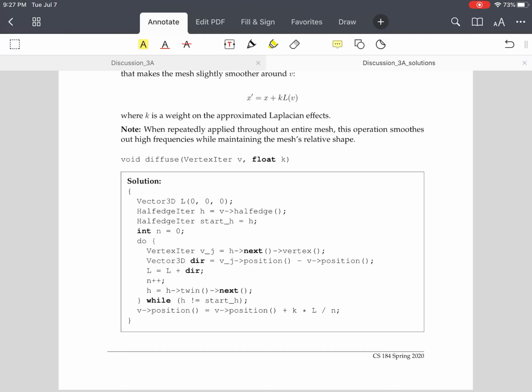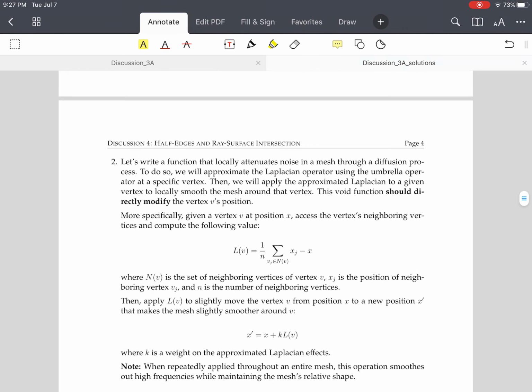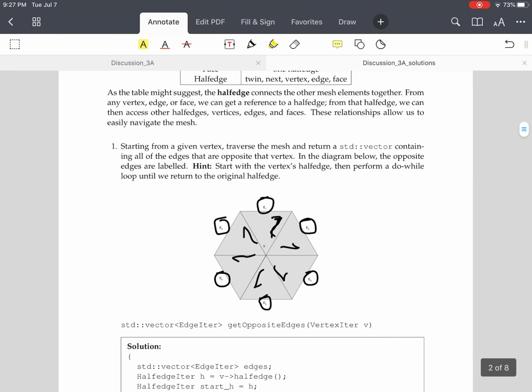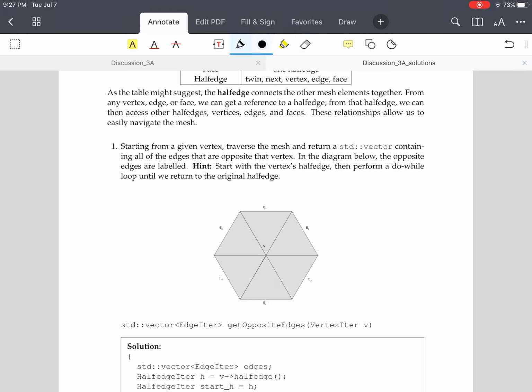Okay, so the first line right here, vertex iter v_j is equal to H next vertex. That's what we just talked about. So we're going to take H, take that next, and then take the vertex. And that's Vj.